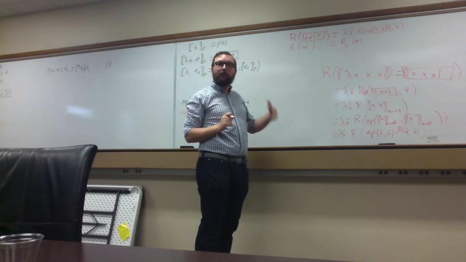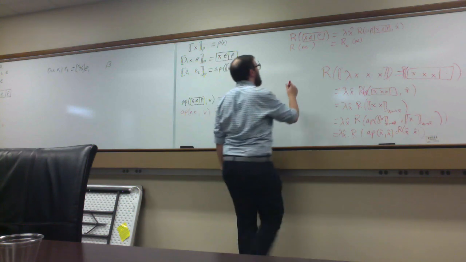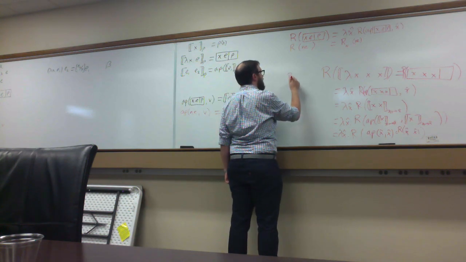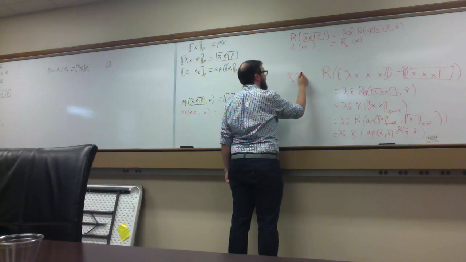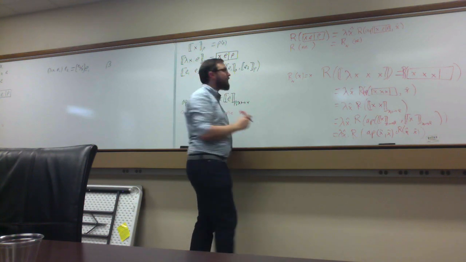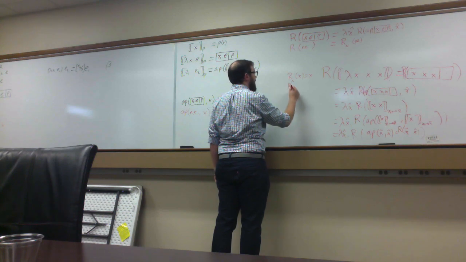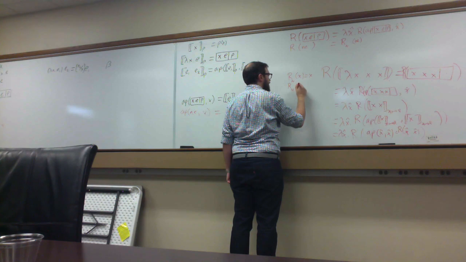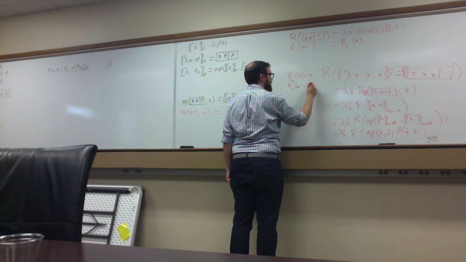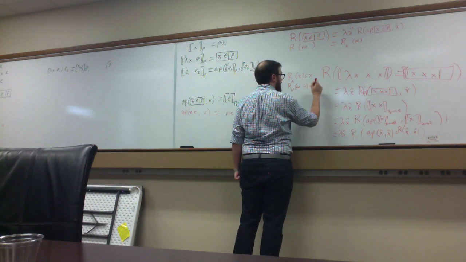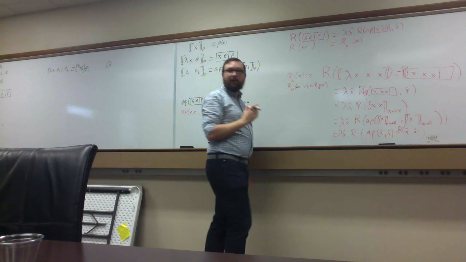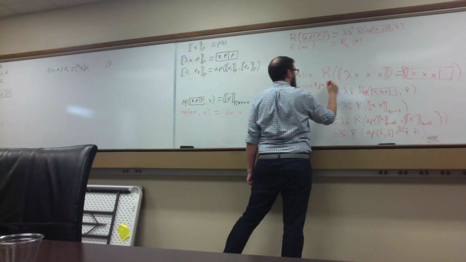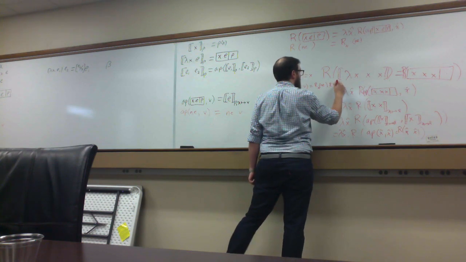The way we read back a neutral expression is to say R sub N of some x is precisely that x, and R sub N of a neutral application is the R sub N of the operator applied to R of the value.